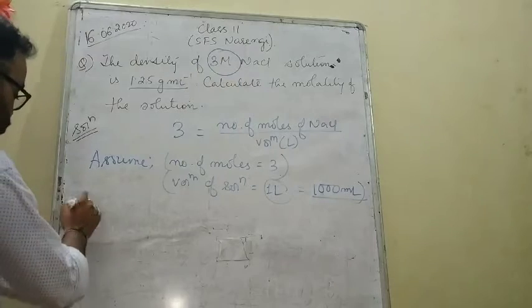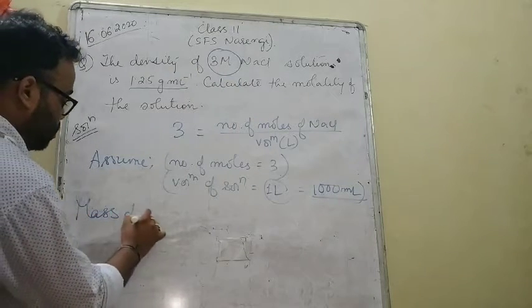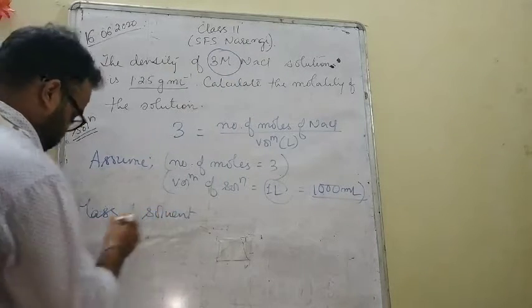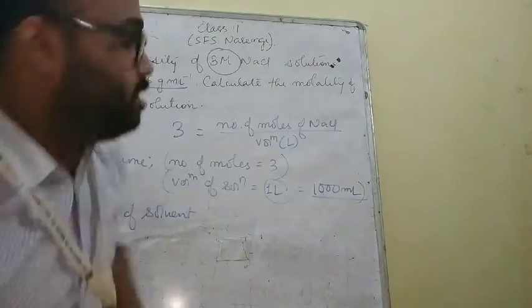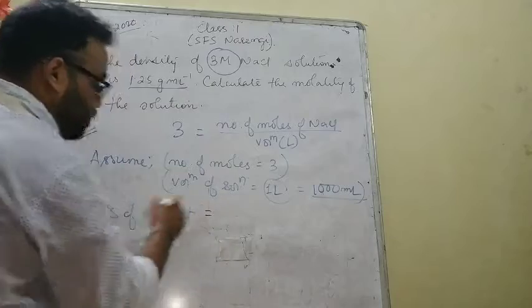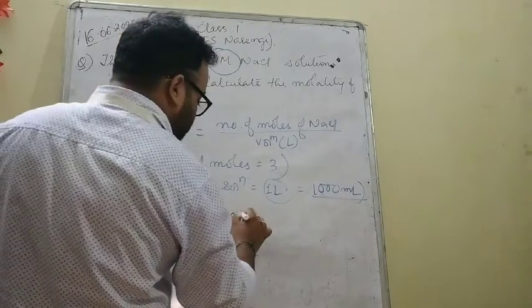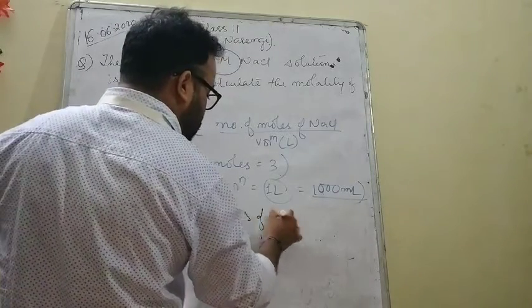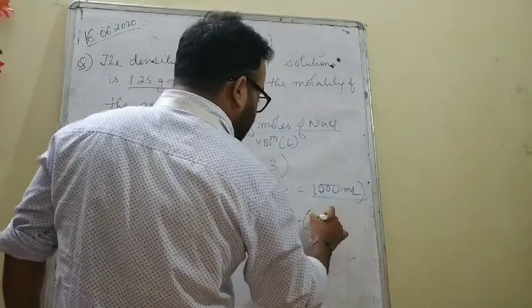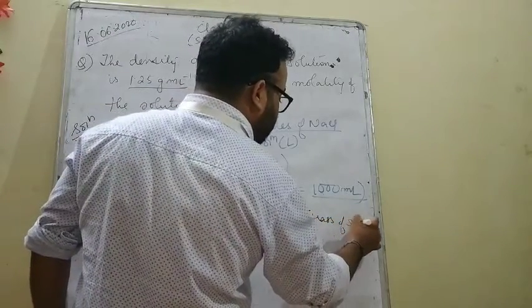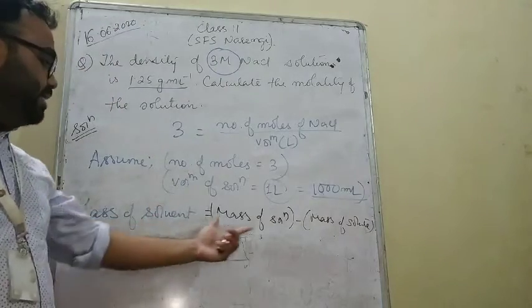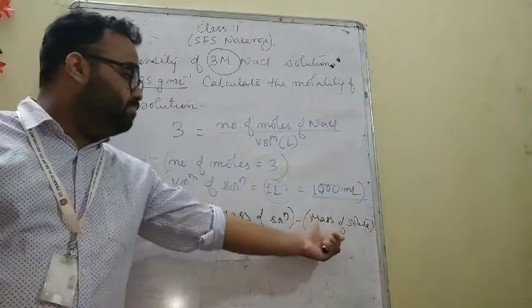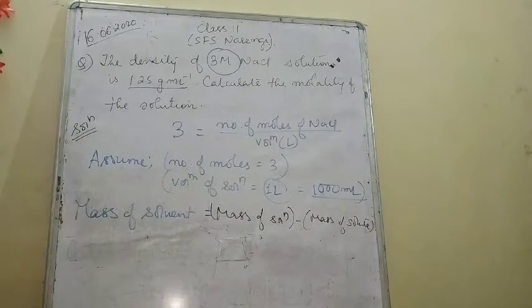See here. Mass of solvent, can I write like this? Mass of solvent is mass of solution minus mass of solute.